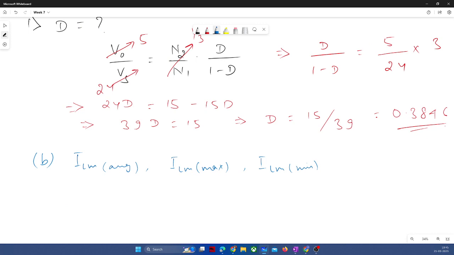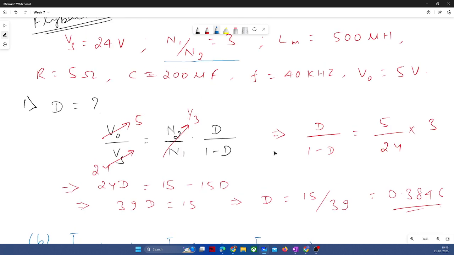So for ILM average, what is the shortest path to calculate it? Any suggestion? With these many parameters, what will be the shortest and convenient path to compute the average magnetizing inductor current?